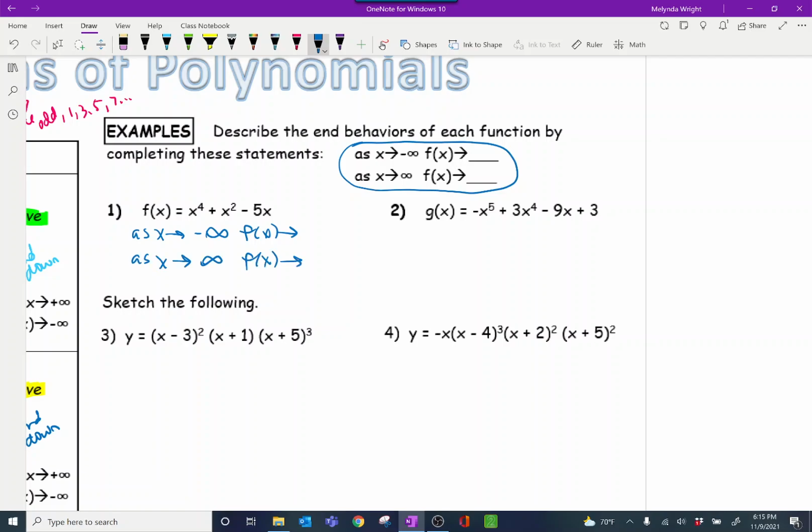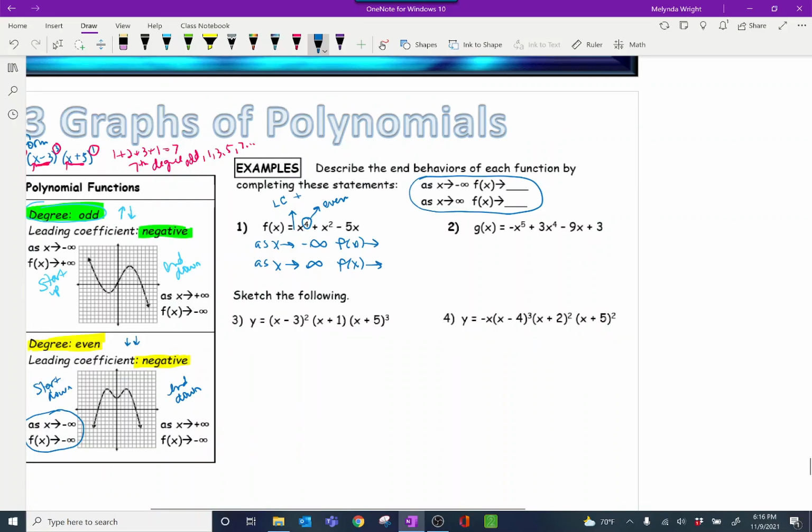Okay, so let's investigate this one. It's in standard form. This is even. And my leading coefficient, I'll just abbreviate leading coefficient as LC, is positive. Okay, even positive. Okay, let's remind ourselves, there's no way to get around this. Sorry guys, you're going to have to memorize it.